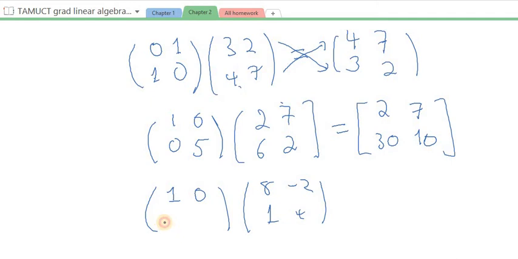The second row has minus 2 times the first row plus 1, and you can check that this works. The first row remains unchanged. For the second row, I take minus 2 times 8 plus 1, which gives me minus 15. And then here I get minus 2 times minus 2, which is 4, plus 4, is 8.